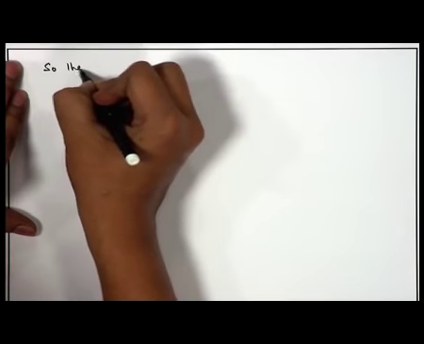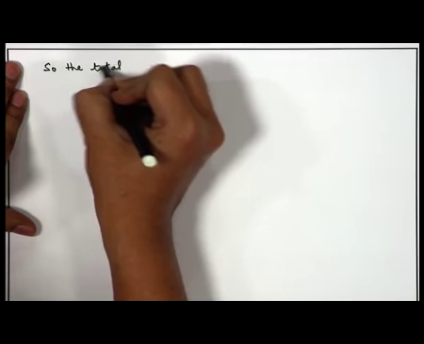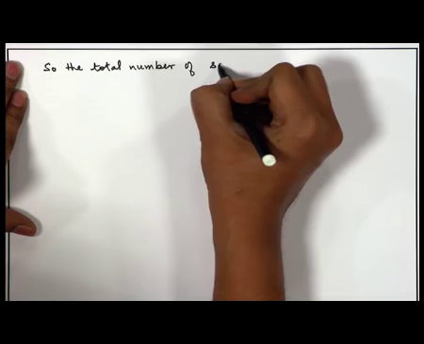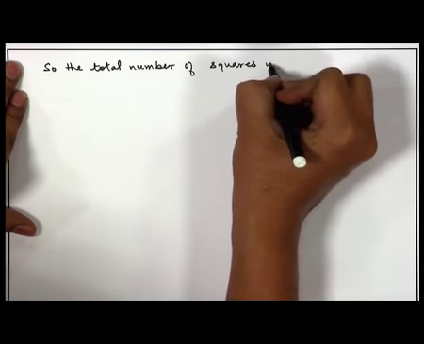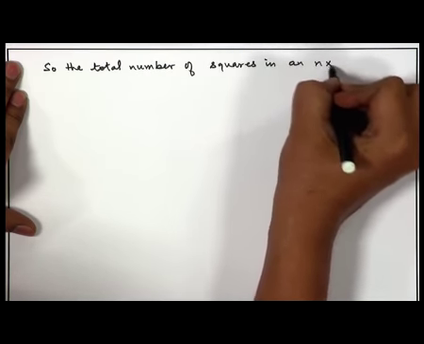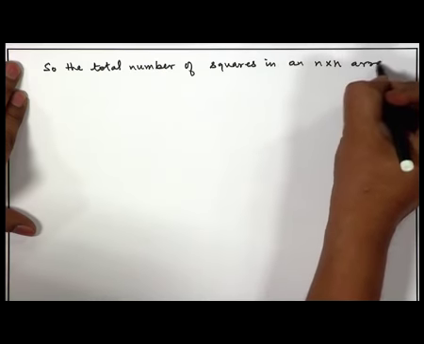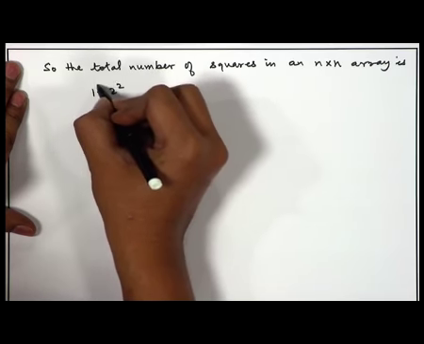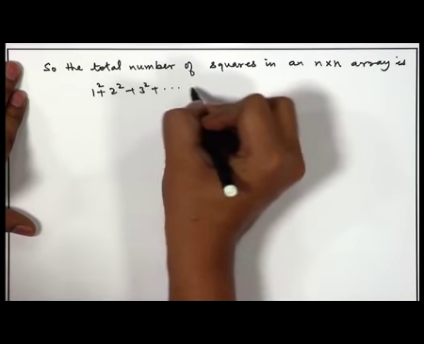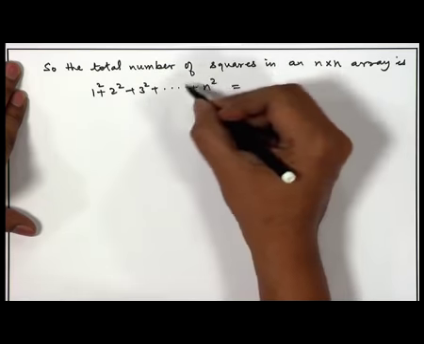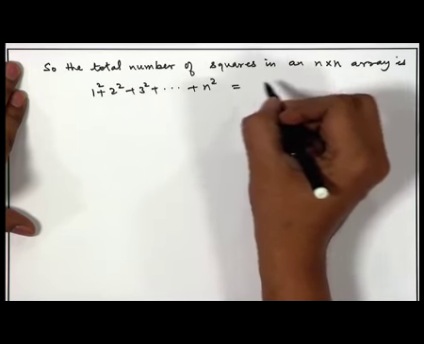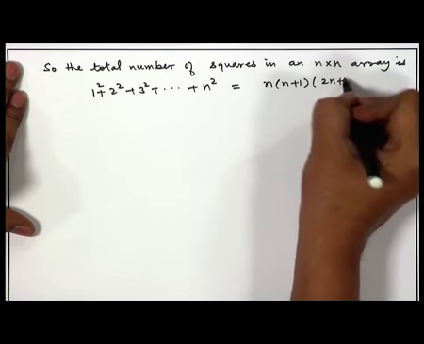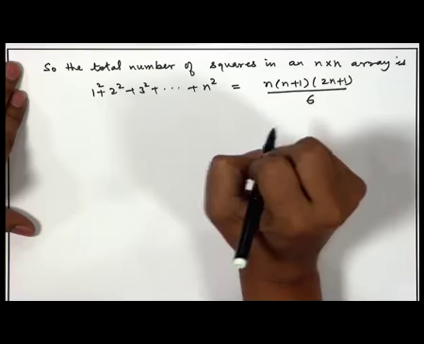So, the total number of squares in an n by n array is 1 plus 2 square plus 3 square and so on up to n square, which is n into (n plus 1) into (2n plus 1) by 6.